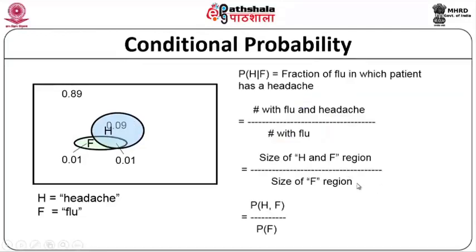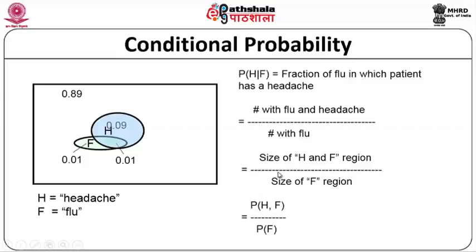Now we are trying to determine this probability based on this equation. In this equation we try to identify what fraction of patients with flu are associated with headache. This will be equal to the number of favorable events divided by the total number of events. Here the number of favorable events is the number of patients with flu and headache, divided by the total, which is the number of patients with flu.